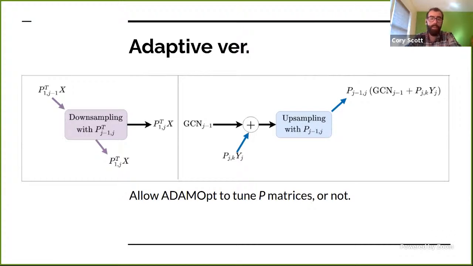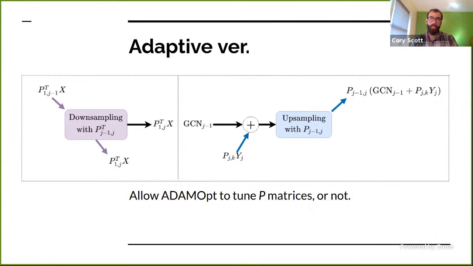And just as a side note, when we are training this structure, we can make a choice about whether we let the error gradients change the projection matrices or not. The projection matrices are initialized as being the ones that achieved the best diffusion distance in our diffusion distance optimization.